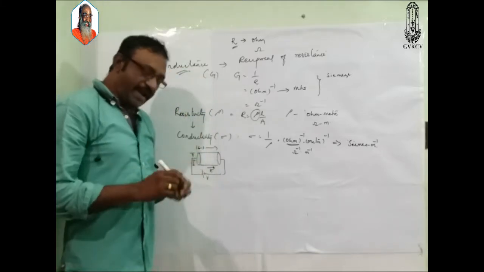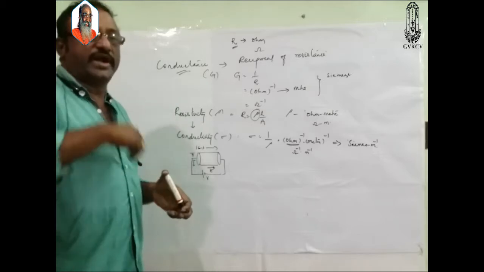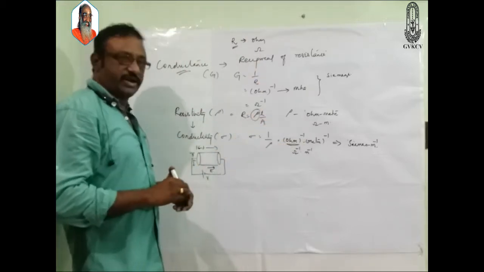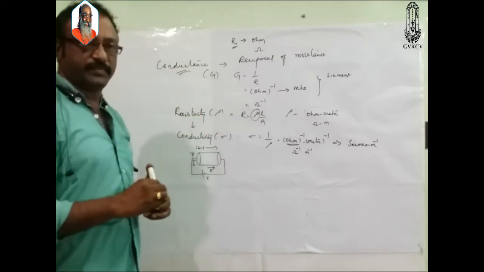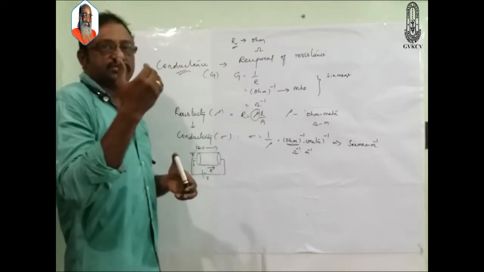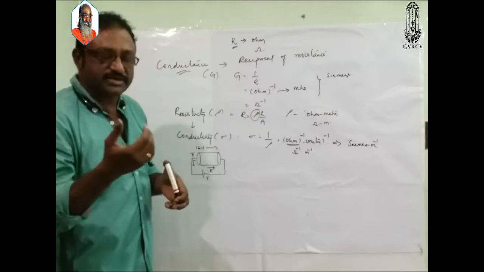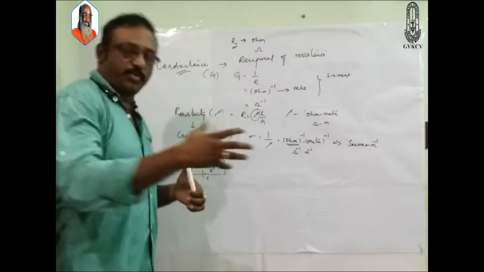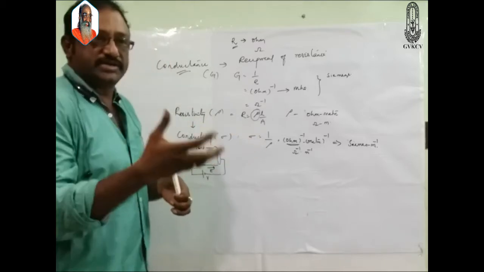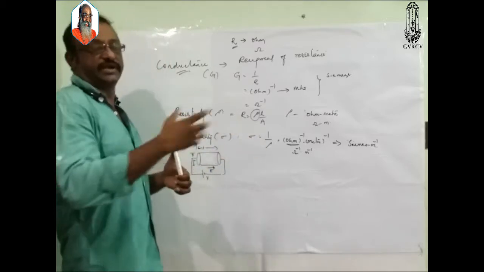After getting accelerated, they collide with the ions or atoms of the conductor, and they lose energy and the velocity gets reduced. Because of the applied potential difference, again it gains acceleration and the velocity increases.